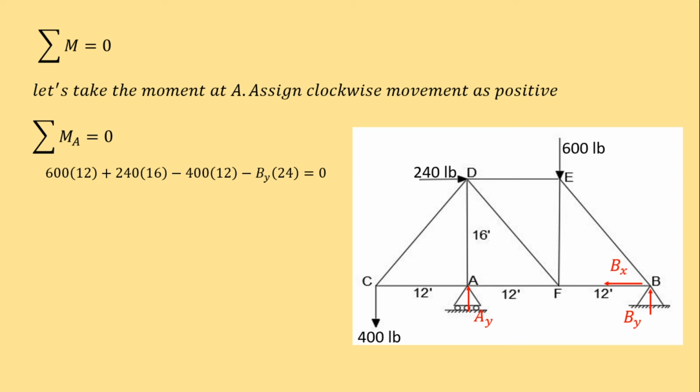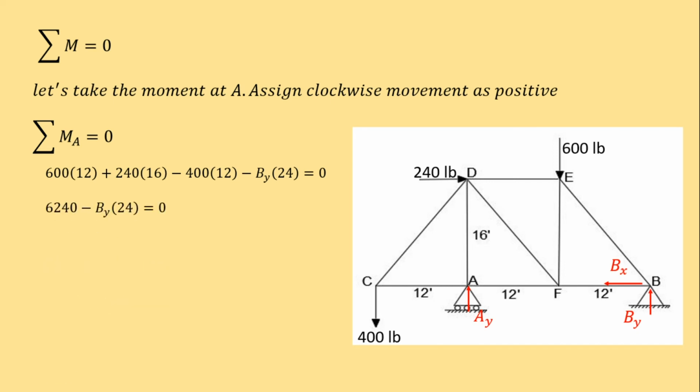Then we also have the reaction at B support, which is the By, so times 24. The same way, magkakaroon siya ng counterclockwise movement. So of course, yung ating Ay and Bx ay walang moment effect at point A, since both of them ay magpa-pass through that point. So 0 lang yon.